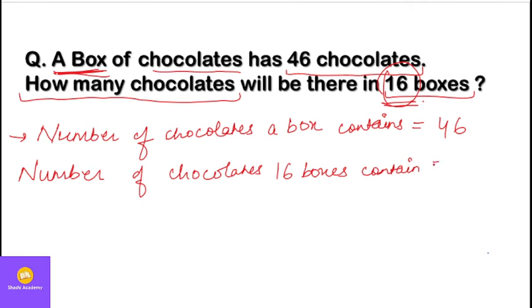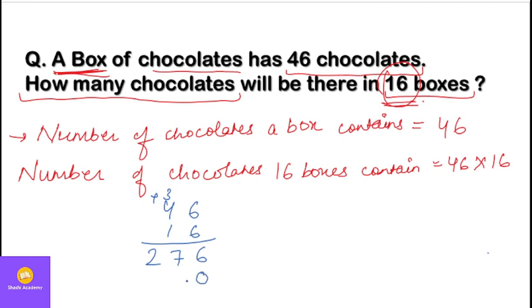Now here you will write 46 multiplied by 16. I have already told you why we are multiplying, because this 46 is added 16 times. We will not add, rather we will multiply. And after this you will show it by multiplying. You will show your multiplication like this. 6 6s are 36, 3 is carried over to 4, 6 4s are 24, plus 3 is 27.